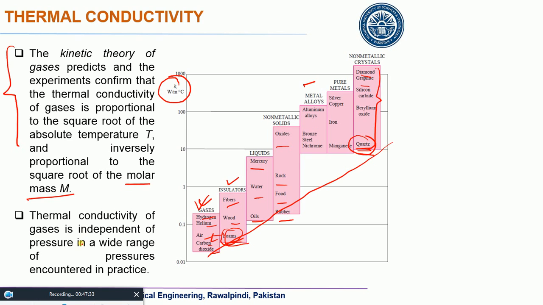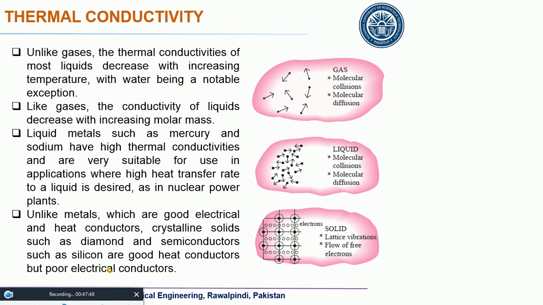Okay, then thermal conductivity of the gases is independent of the pressure in a wide range of pressure encountered in practice. It does not depend on pressure. It depends on temperature, it depends on molar mass. As far as the pressure is concerned, it remains the same. So unlike gases, the thermal conductivity of most liquids decreases with increasing temperature. Now if you increase the temperature, thermal conductivity of the liquid would decrease.